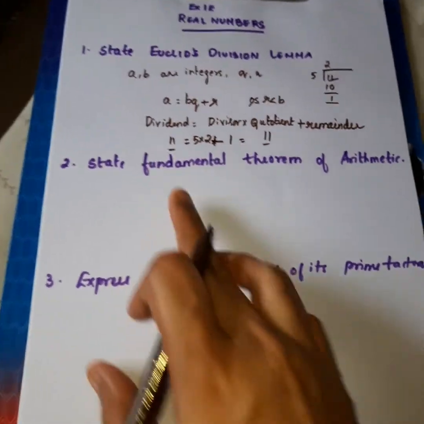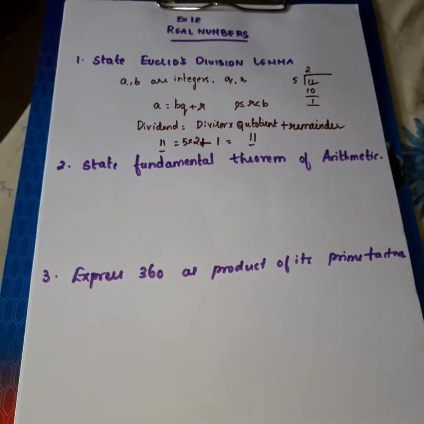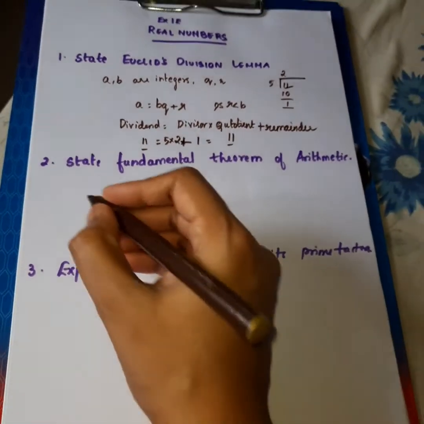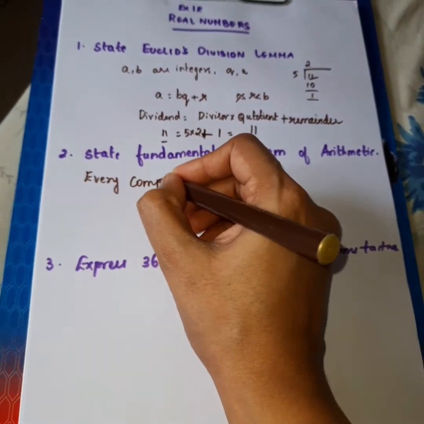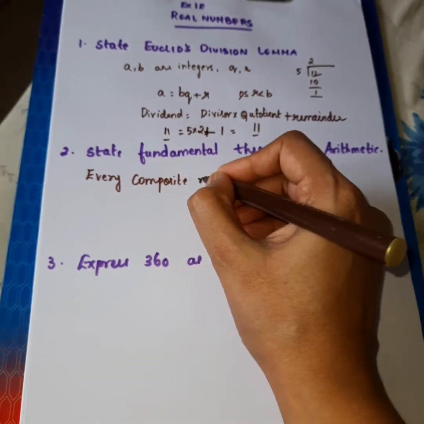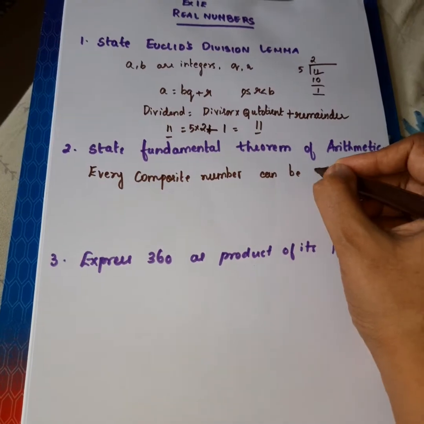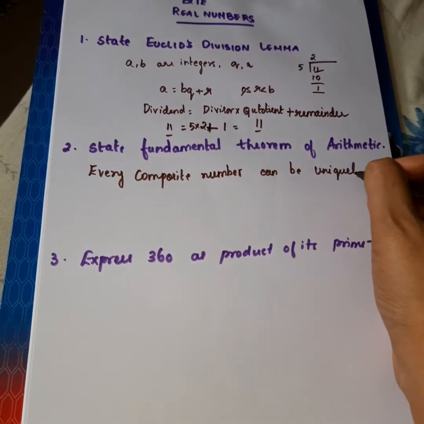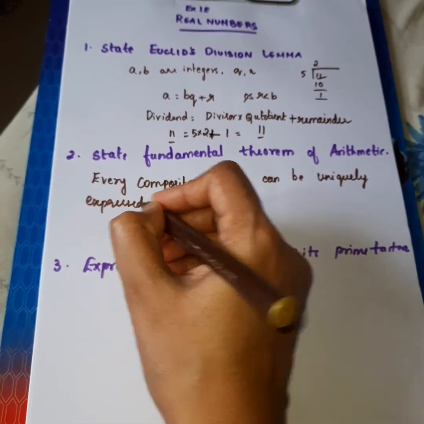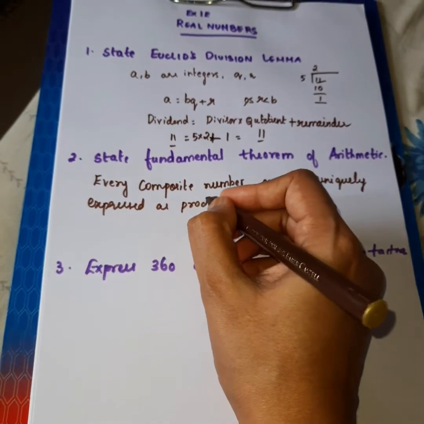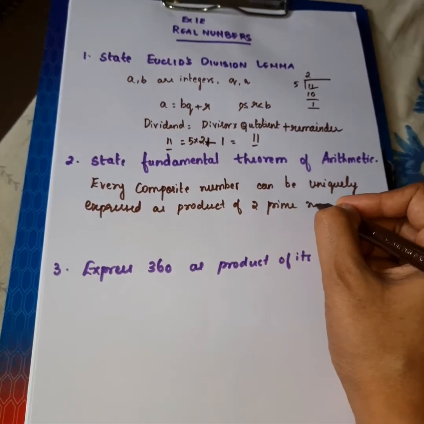Next question 2, state the fundamental theorem of arithmetic. So the theorem is: every composite number, we know whichever has more than 2 factors is called a composite number. 4 and 6 are composite numbers, which have additional factors other than 4 and 1, which is 2 in case of 4 and 2 and 3 in case of 6.